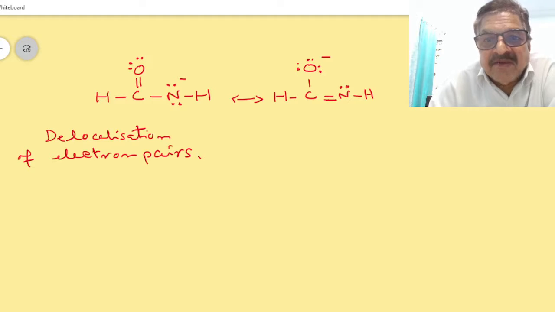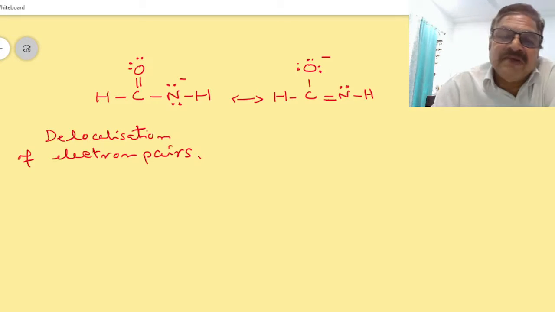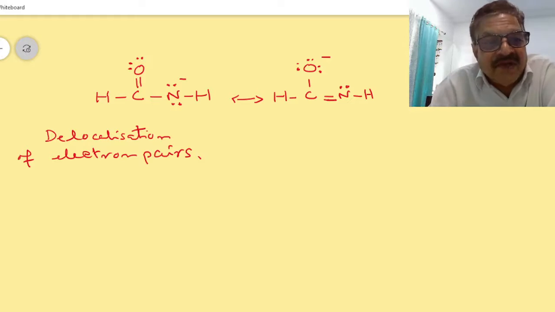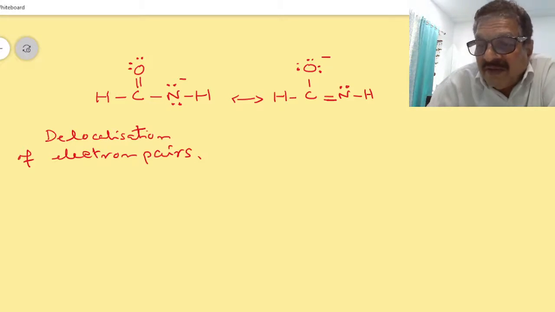Electron density is getting spread over 2 or more atoms. Okay, this is known as delocalization of electron density, delocalization of electron pairs. It will add stability to the molecule or the structure. Okay, a molecule with 2 or more resonance structures is said to be resonance stabilized.